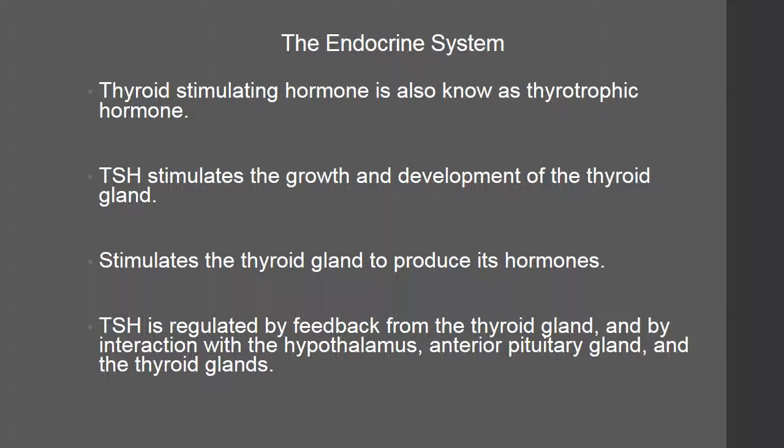Thyroid stimulating hormone, or TSH, is also known as thyrotropic hormone. It has an affinity for the thyroid gland. TSH stimulates the growth and development of the thyroid gland. You've got to have TSH for the thyroid gland to function.